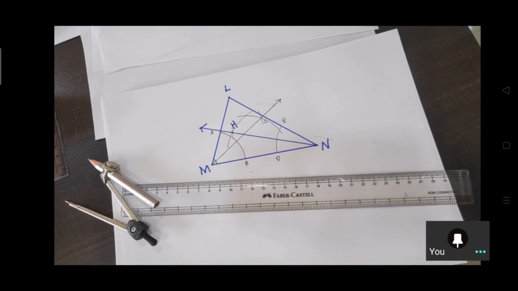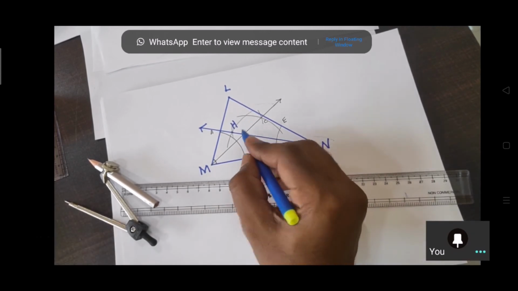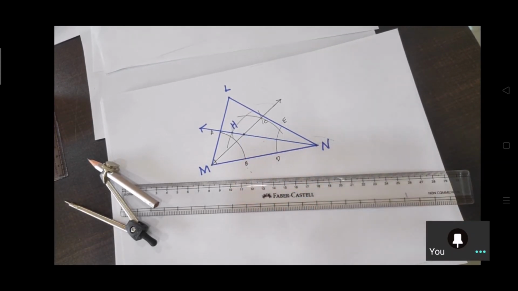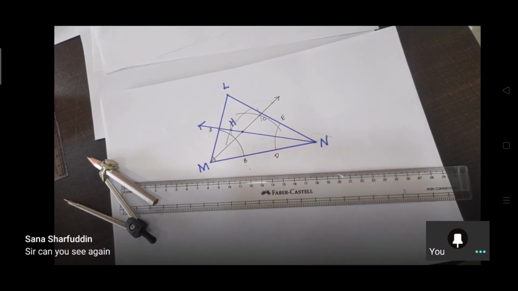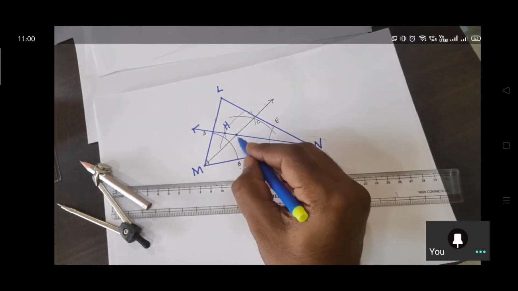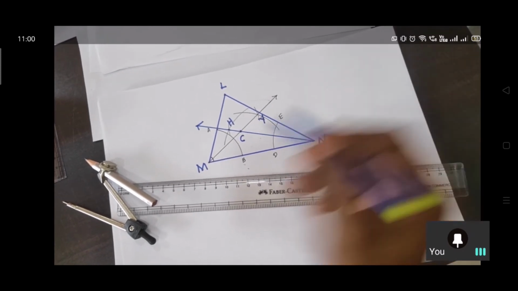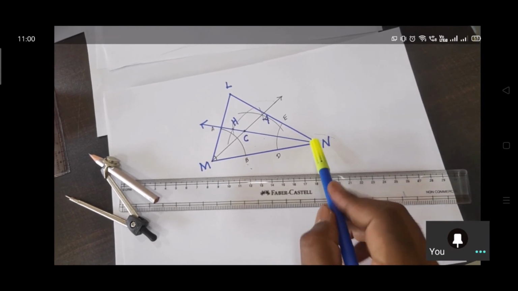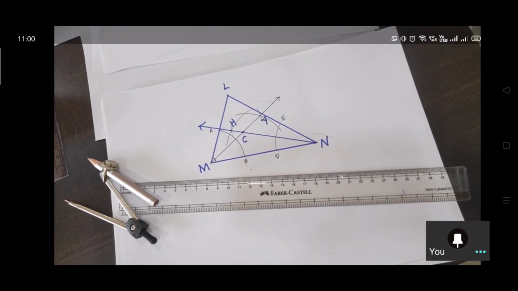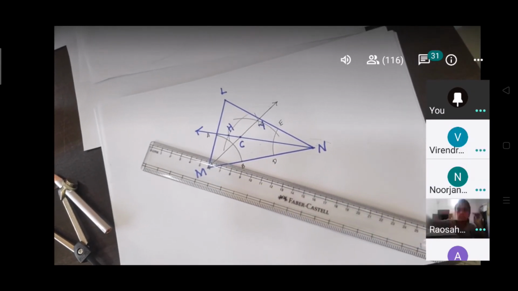Take here point H and draw another ray. When this ray and this ray are intersecting at this point, draw one point there. Here we have taken point C. We will change this name because we need to give here point C. So I mean only follow what I am doing.